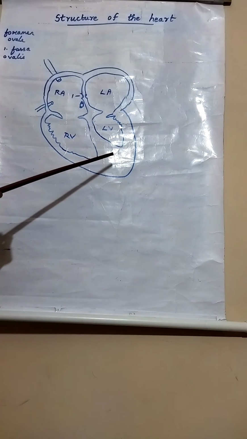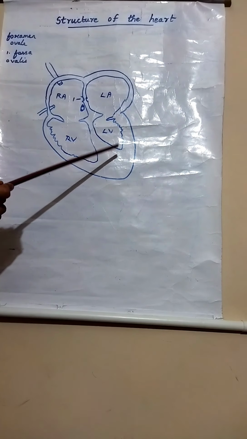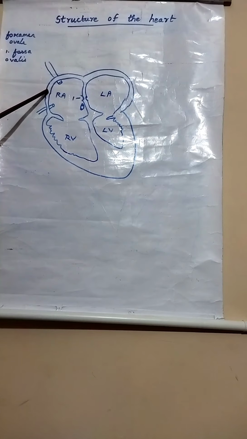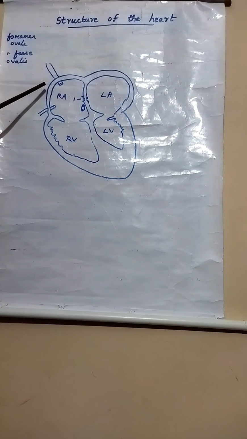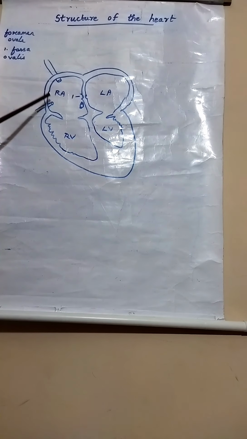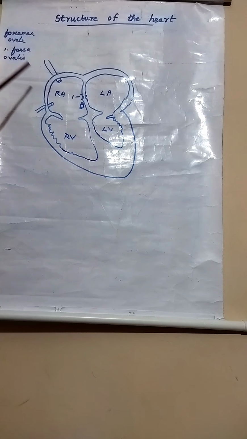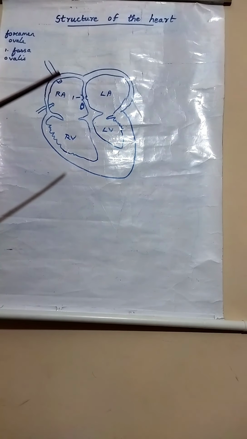Especially the wall of the left ventricle is 3 times thicker than the auricular wall.